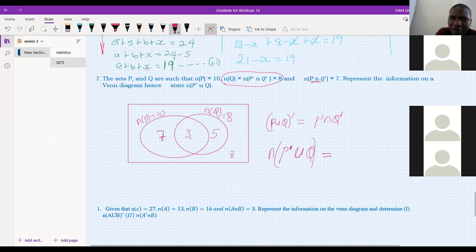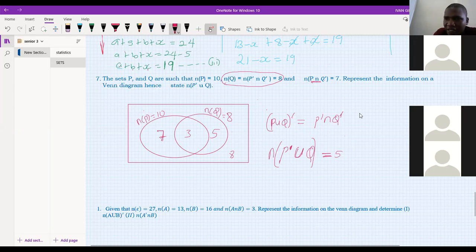Yes, and now according to this diagram, what are the elements in this? Technically 8, 5. 8 and 5. There are 5. Yes. Okay, let's try to investigate and see.